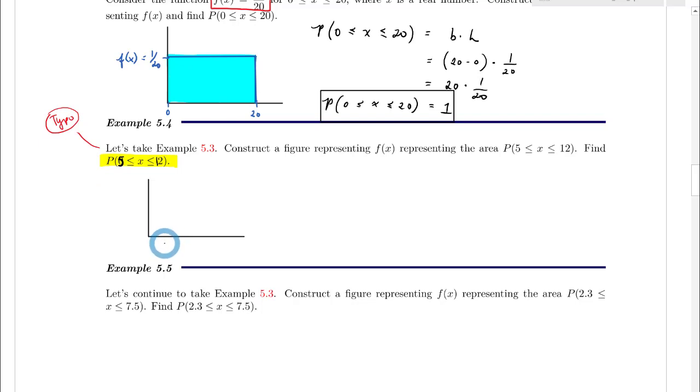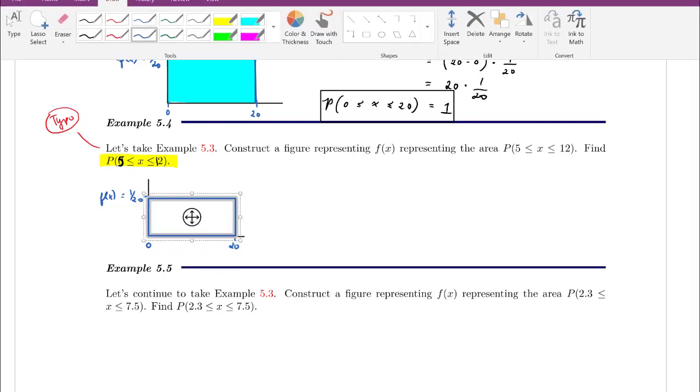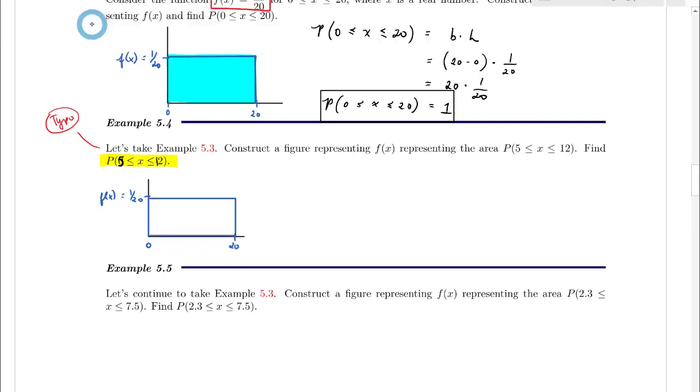Okay, and so taking the same figure above, the 0 to 20. So here's 0, here's 20. And then here is 1/20th, which is f of x. And I'll draw a rectangle. Now let me represent the area 5 to 12.